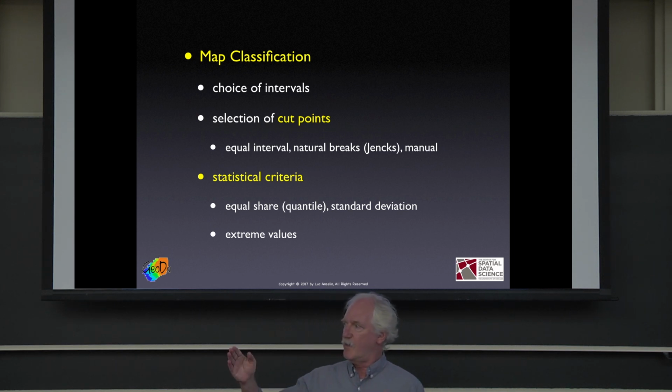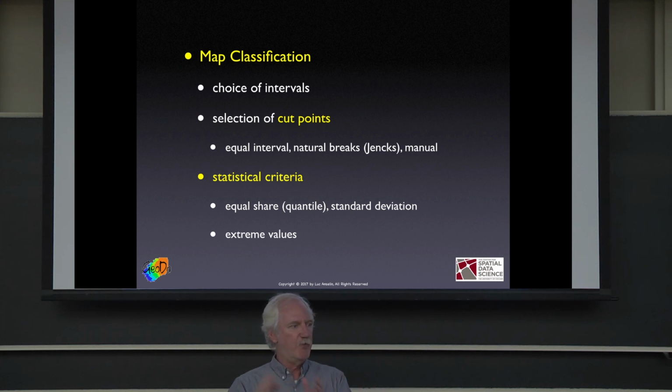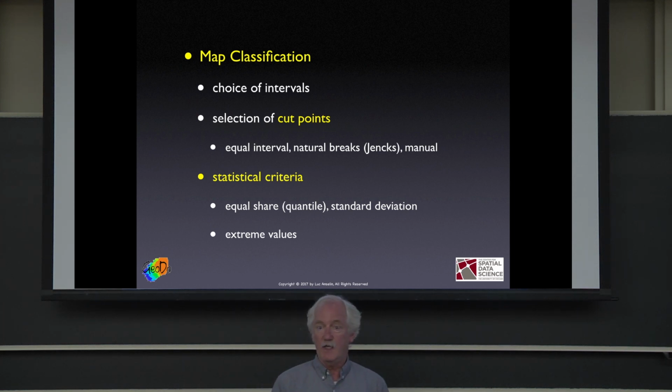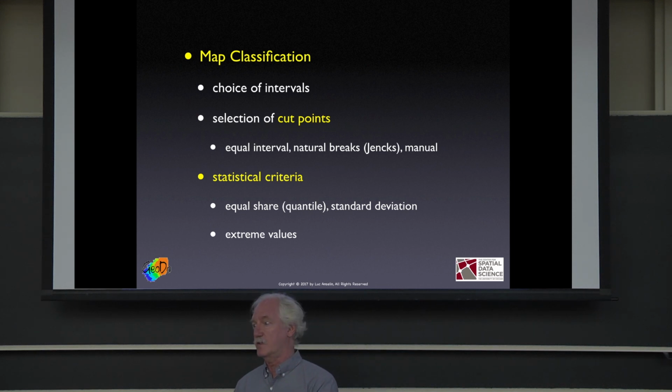You sort the data from low to high. You take the midpoint, the median, first 25%, first quartile, then 75%. So you end up with 4 categories. Each of these categories, in an ideal world, we'll see later that it's not always ideal in the lab, in an ideal world, each of these categories has exactly the same number of observations.